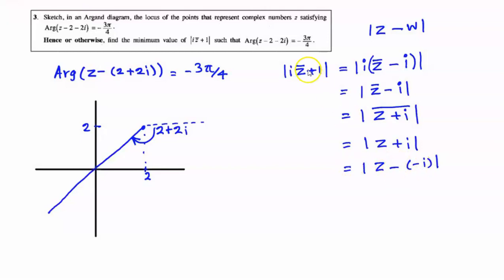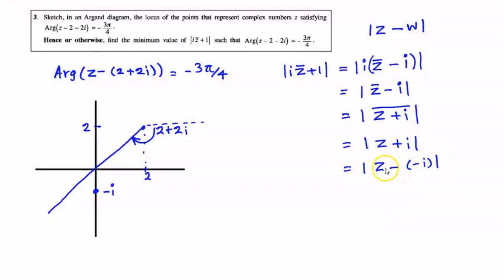Now this absolute value, well, this one is what we were trying to evaluate. Now that equals this, and this is one of these points that you see on this line. And negative i, we can pinpoint that one in the Argand diagram. Negative i would be 1 unit down. So if I mark that on my Argand diagram, that should be somewhere here. That's negative i. So then, what is this absolute value asking?